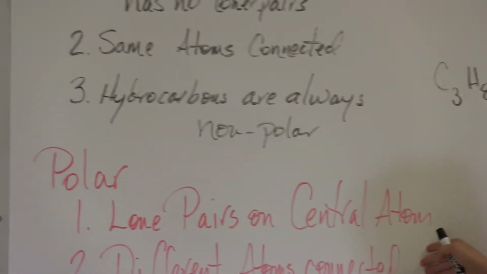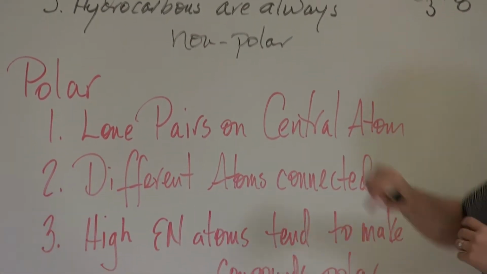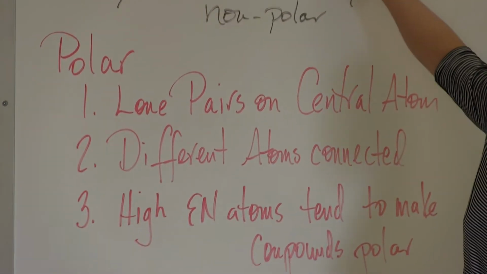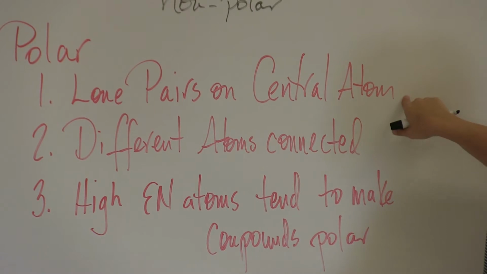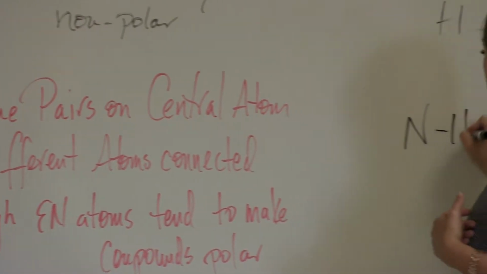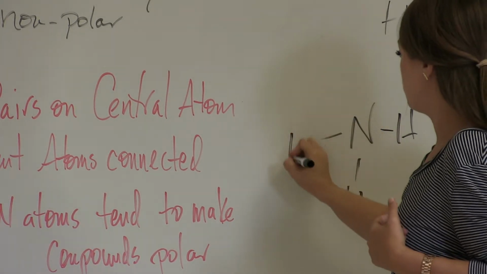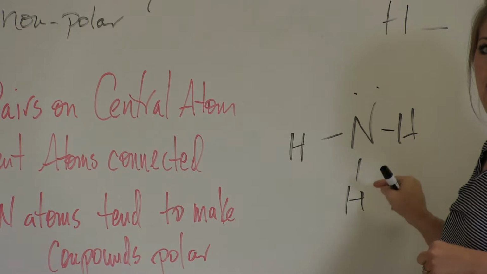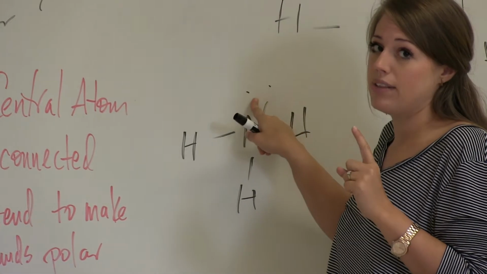Now if you look at polar, polar is a little bit easier, because if you don't have these two true for nonpolar, the only option is for it to be polar. If there are lone pairs on your central atom, such as with ammonia, if you were to draw the Lewis dot structure for ammonia, you might say, oh, I have the same atoms connected, but we've got a lone pair on the central atom.